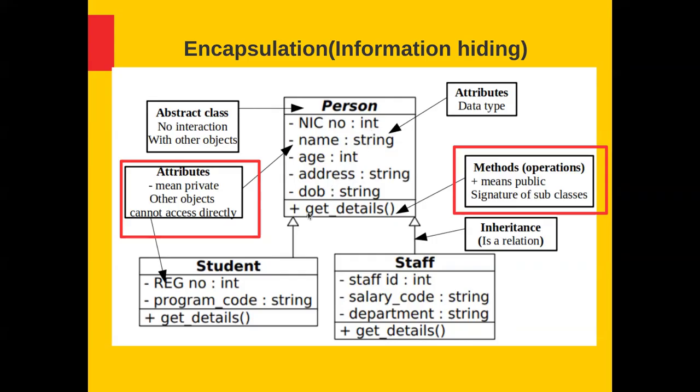And these are methods. This has one method. This minus indicates they are private. If they are minus, these attributes cannot be accessed by another object.